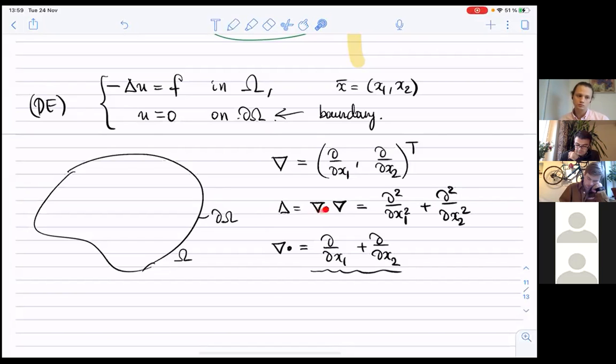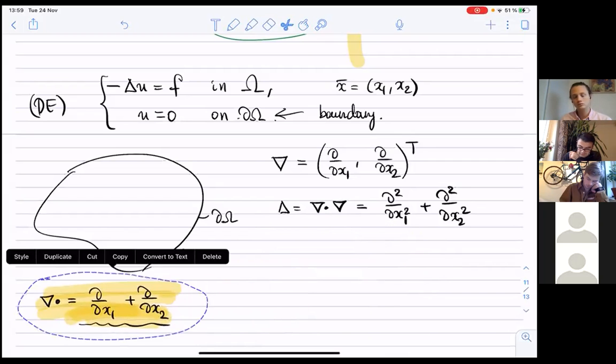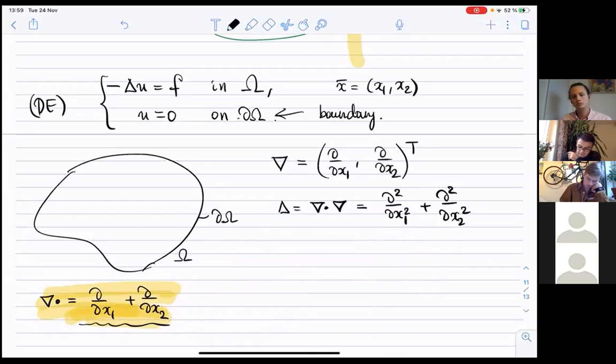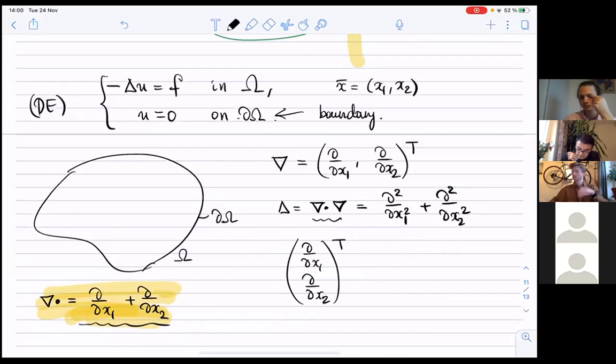So this operator is actually a scalar product of these two. Let me denote this one as yellow. We have to double check if it's correct. So I just want to say that this operator is d dx1, d dx2 transpose times d dx1, d dx2.